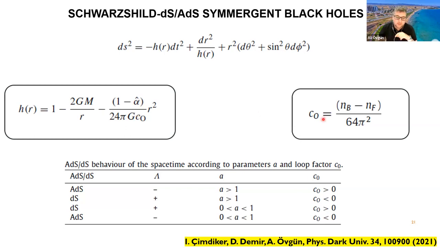And this C0 is very important because it is a loop factor and it stands for the total number of bosons and fermions in nature. This number of bosons and fermions involves the known particles, quarks, leptons, photon, gluons, and Higgs boson, as well as completely new particles, maybe, which we don't know.